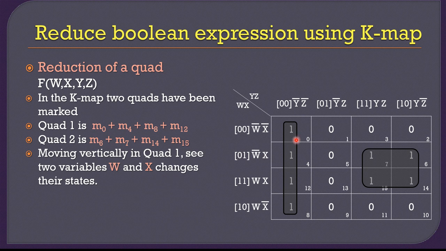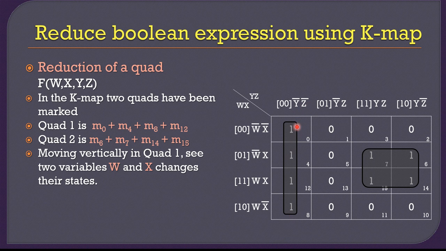Now moving vertically in chord 1, two variables, w and x, change their state. When it is vertical like this, it is a rectangle box. In the rectangle box, the columns yz will be the same throughout.